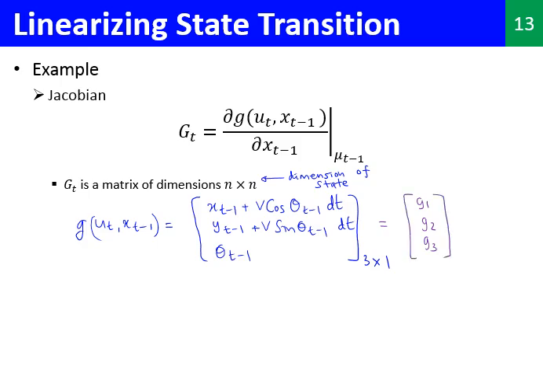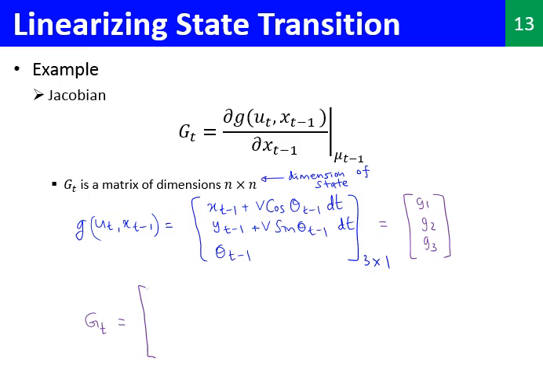And for the Jacobian, Gt, we first take g1 and take the partial derivative of that with respect to all the elements of x, and in the convention we will stack them in the first row.